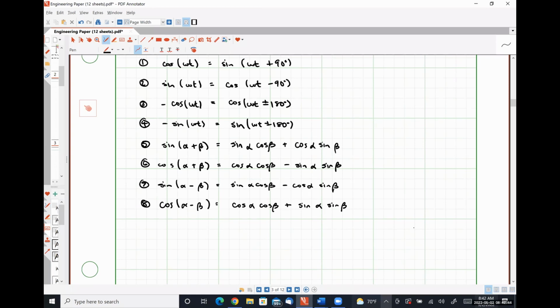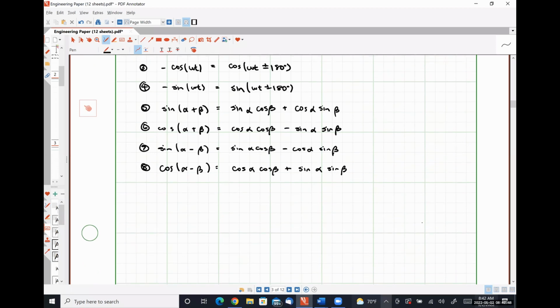These next two identities are very fundamental to analysis that we're going to be doing later on. Okay. So number 9 here, this is what's called Euler's identity.